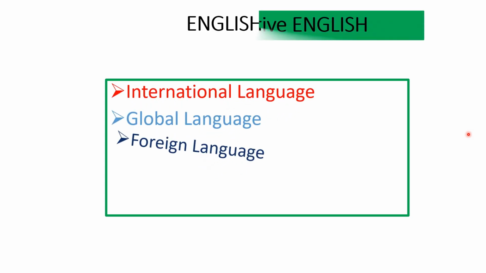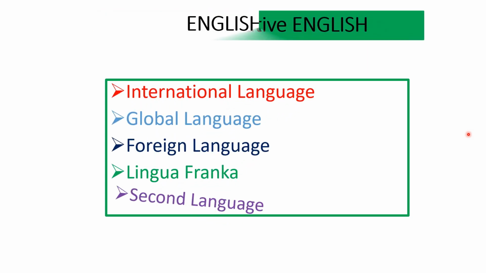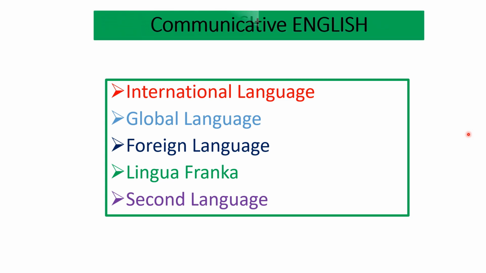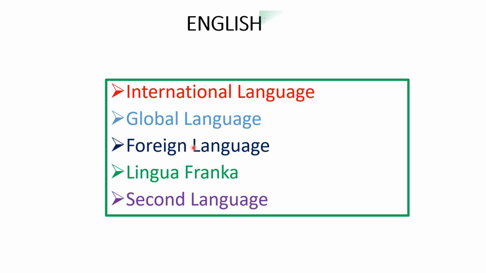And we know that English is an international language, and all over the world people speak English. People use this language as a communicative method. That is why we call English a global language. Global means language of the world.